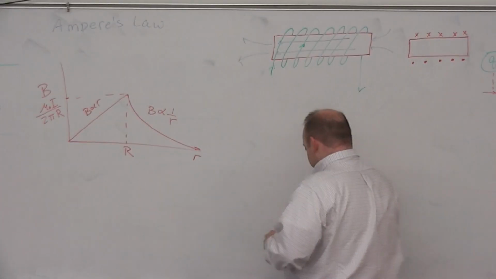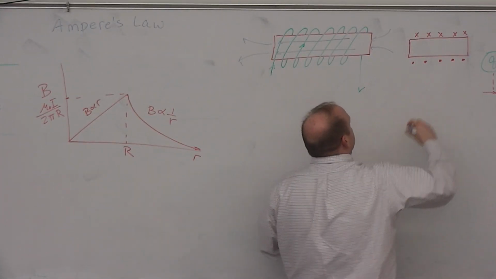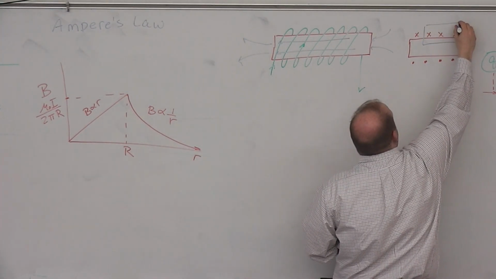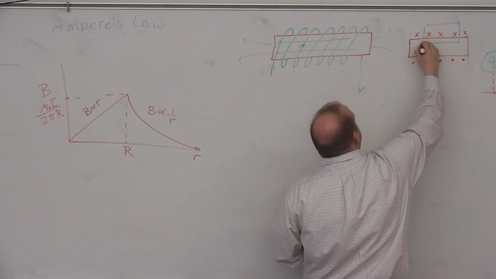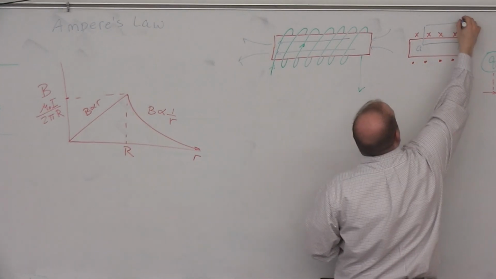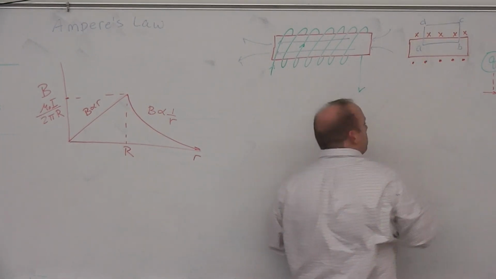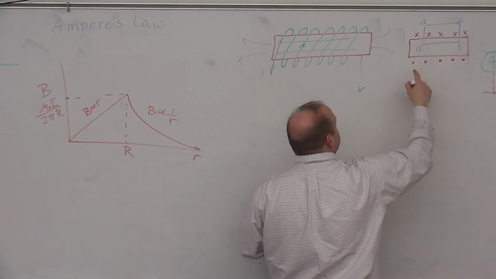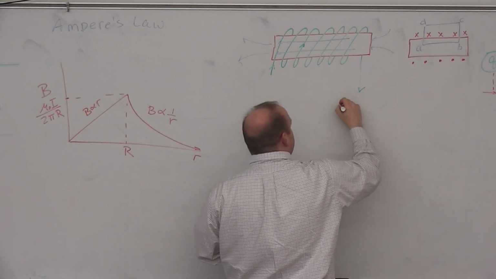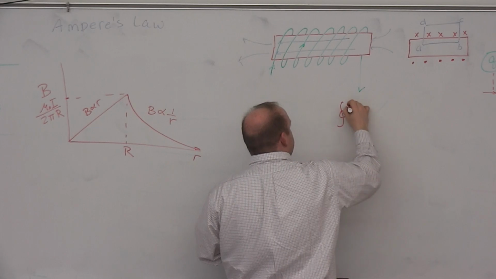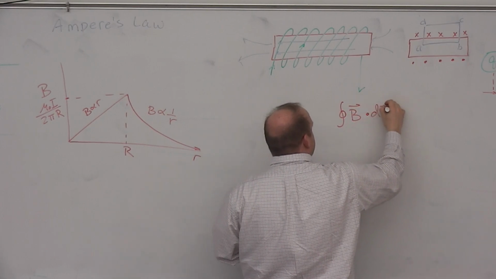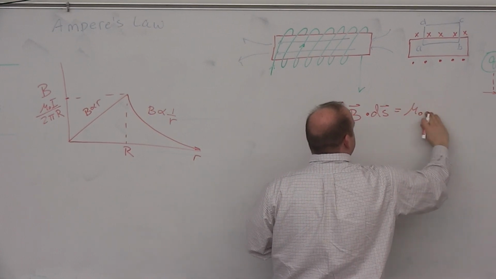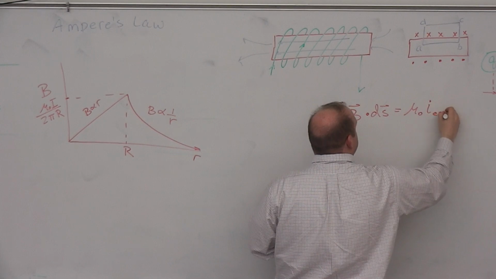So now, if I did an Amperian loop here, this will be A, B, C, D. So now, what I will do is say, all right, the integral of B dot ds is equal to mu naught times I enclosed.